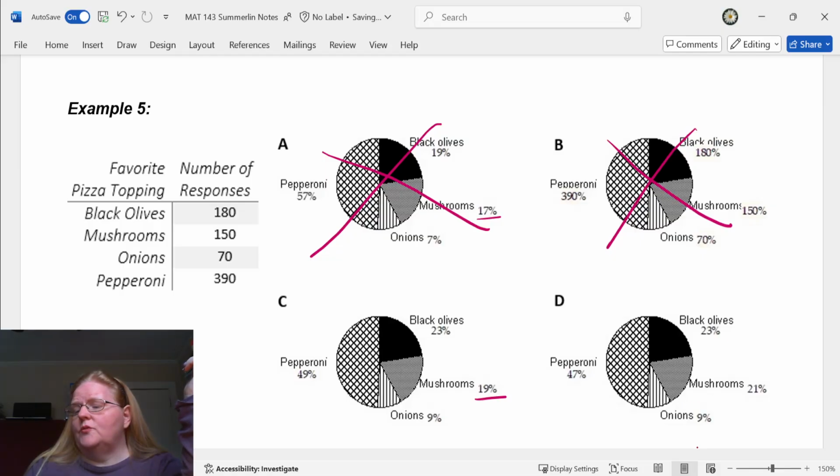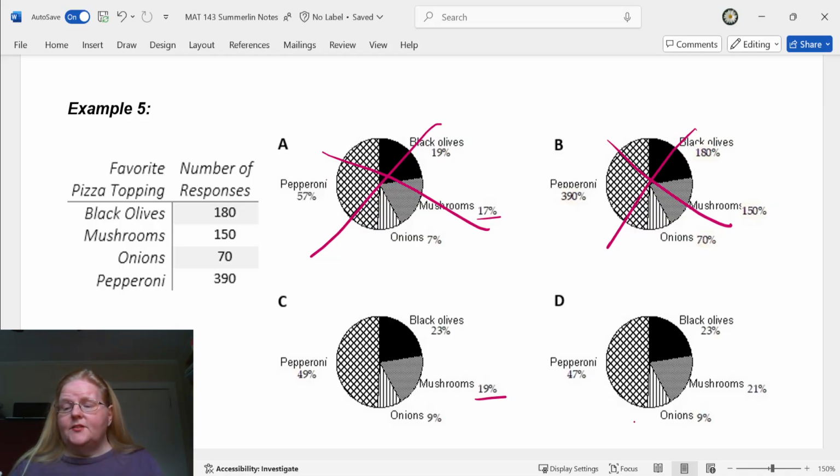I don't think that adds up to 100%. 47, 21, 23. I'm going to check it. Oh, it does. Okay, fine.